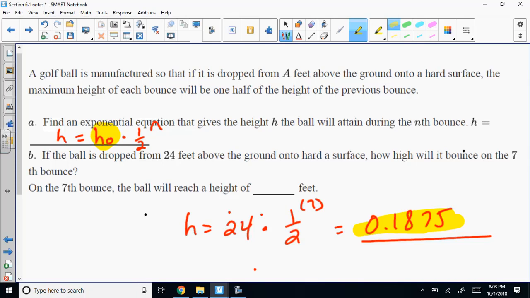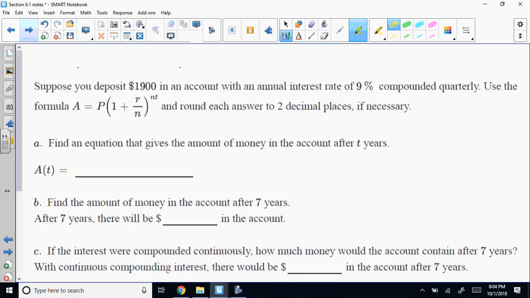So that'd be 3/16 of a foot, right? We were going 3/16 of an inch. Yeah, we were mixing up units. But 0.1875 is 3/16. All right. So let's do this one.